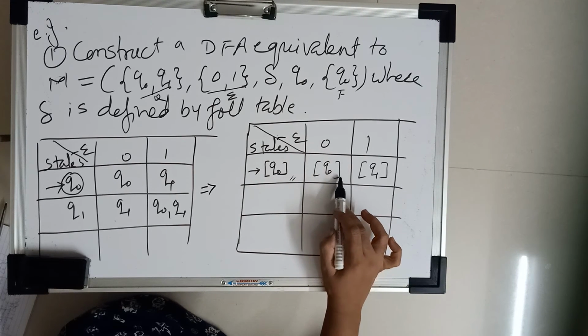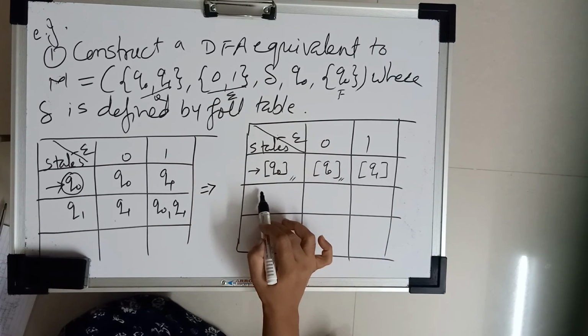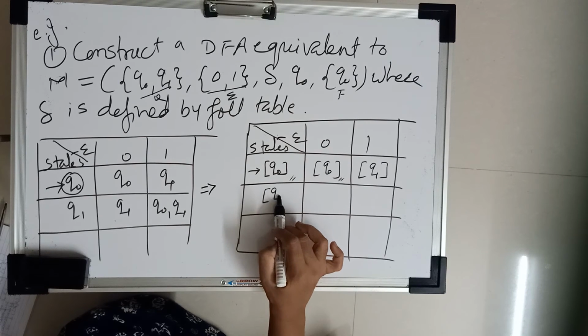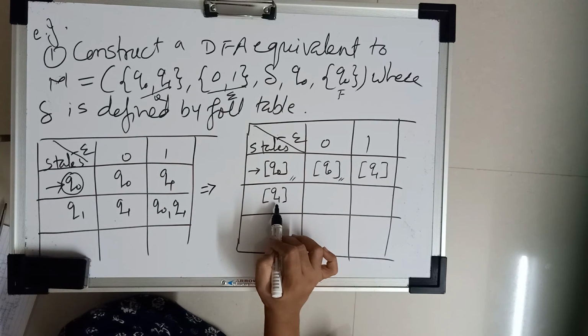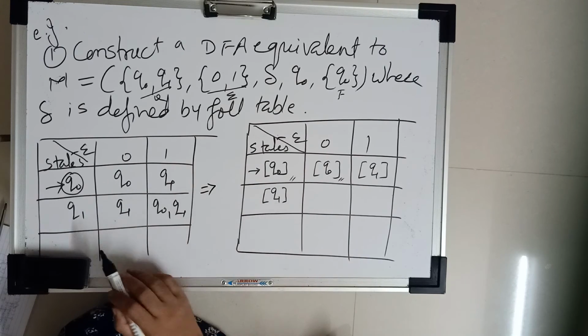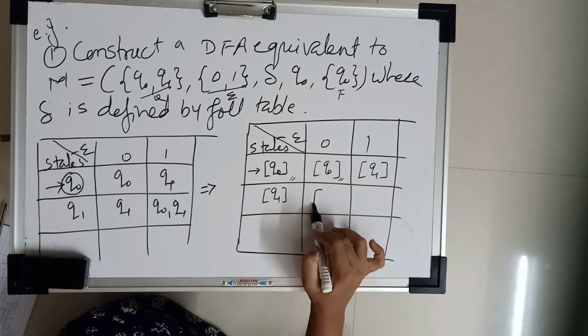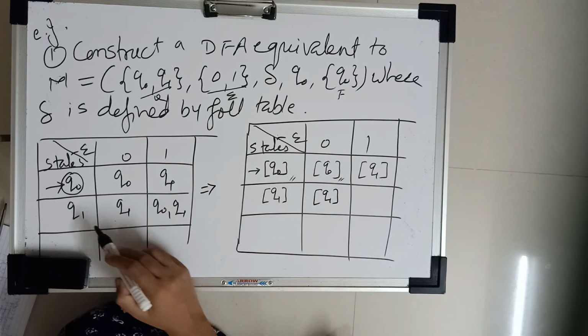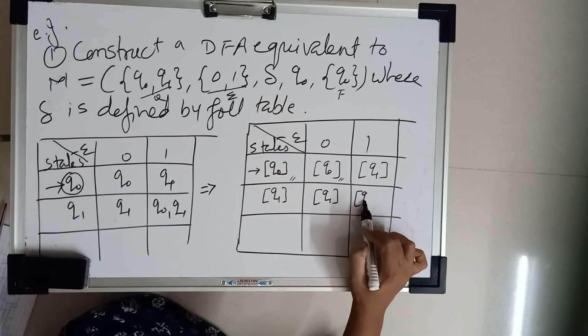Q0 we have already taken, so only Q1 is new, and we consider it a new state. Again write the entries from this table as they are for Q1. For Q1, for 0 the value is Q1. For Q1, column 1, the values are Q0, Q1.